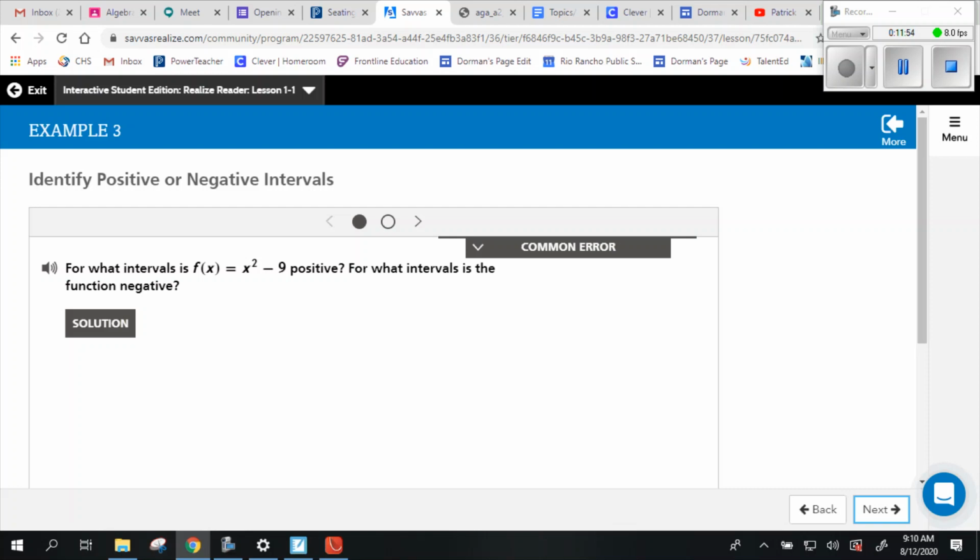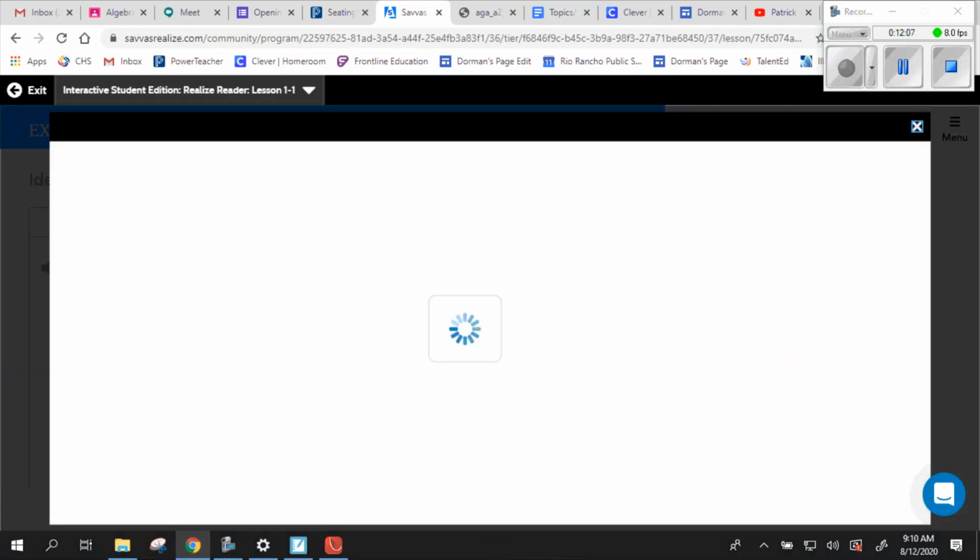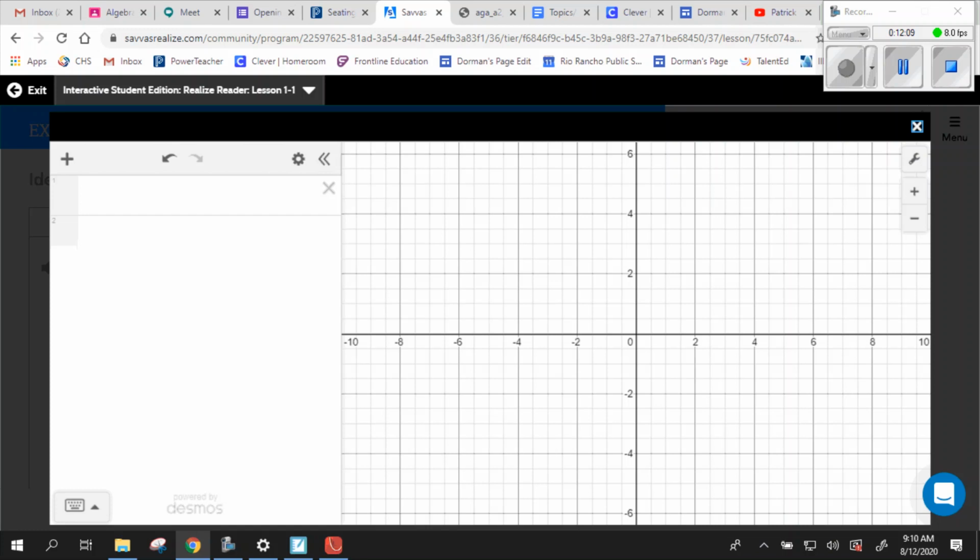If you've got your handheld graphing calculator somewhere nearby, use that. It's fine. I've got this one, so I can put it in here.